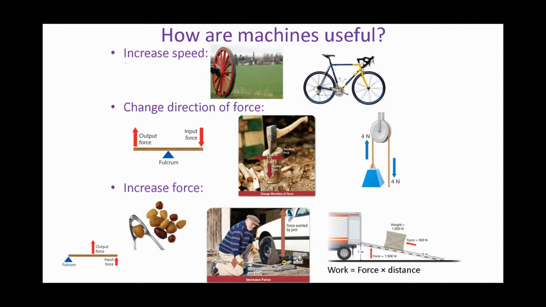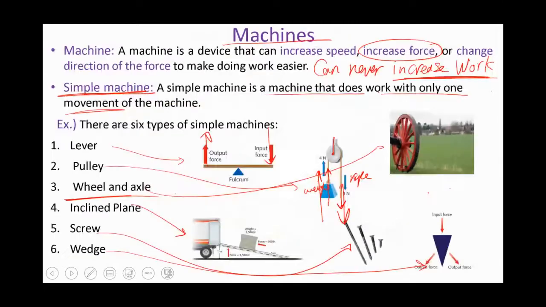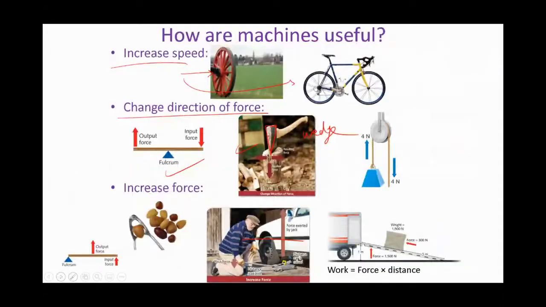Okay, so machines might increase speed, like a wheel or bicycle, or might change direction, like the lever, or like the axe here. This axe is a wedge. We call it a wedge. Okay. You apply a force downward, so it pushes the two pieces of wood away from each other. So you might use it to change direction.